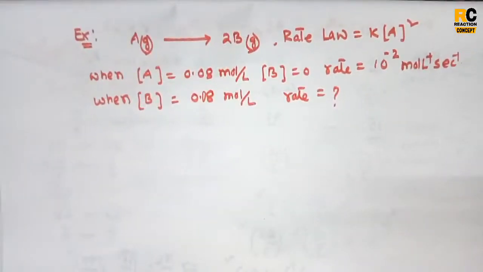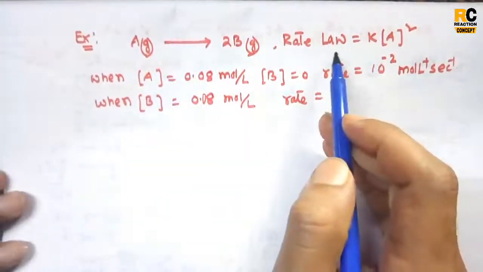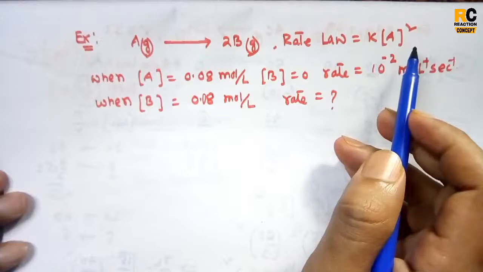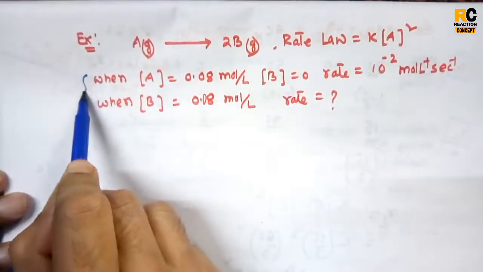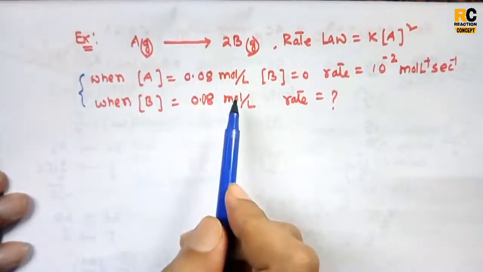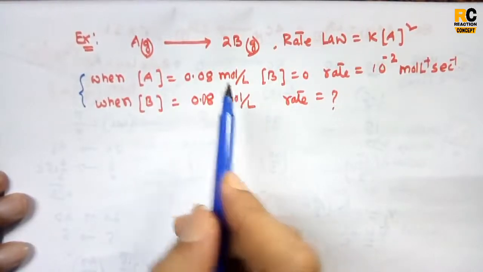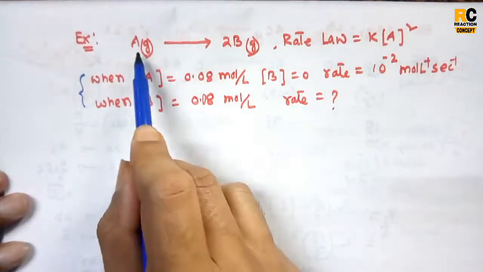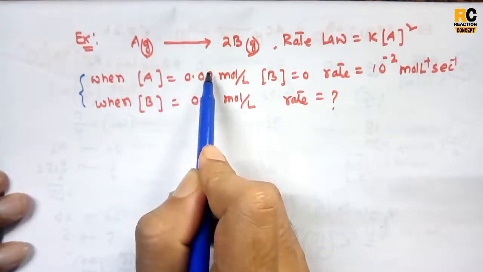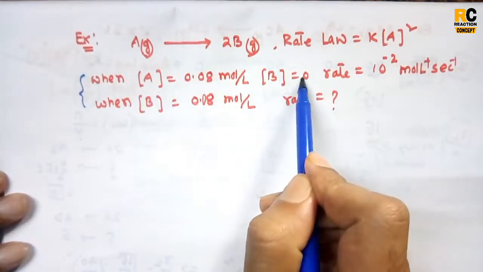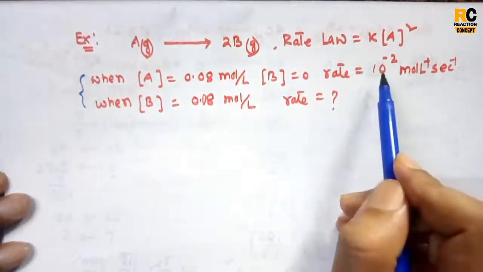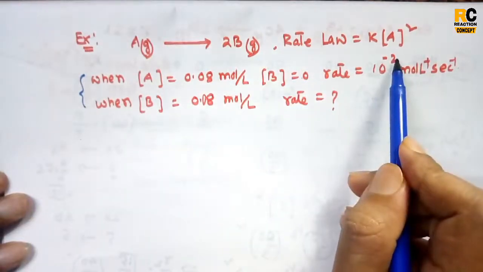So here is a question. In the question here also the reaction is given and the rate law is also given, and data based on the concentration of the reactant and product is also given. It is said that when the concentration of A is 0.08 and the concentration of B is 0, the rate of the reaction is 10 to the power minus 2.